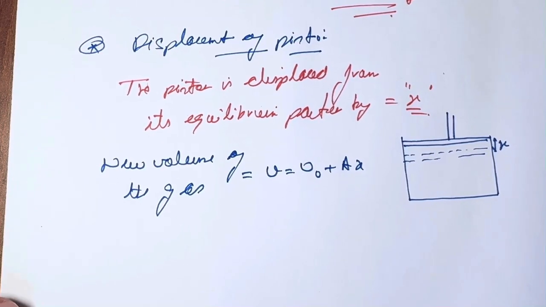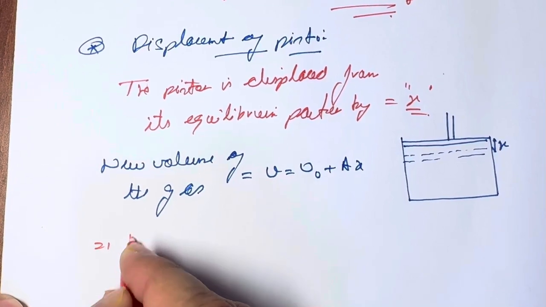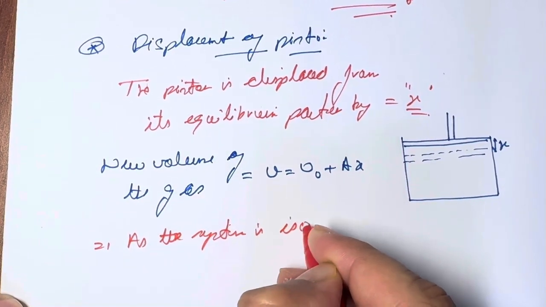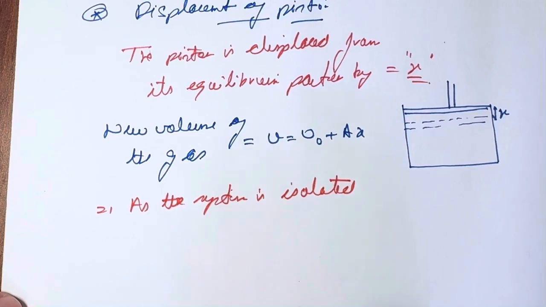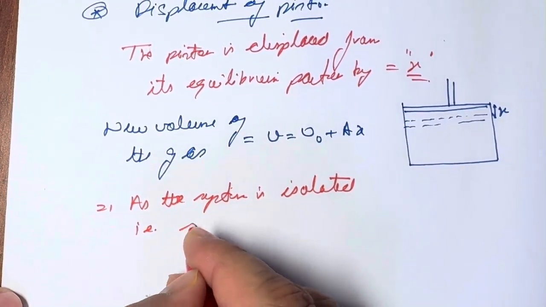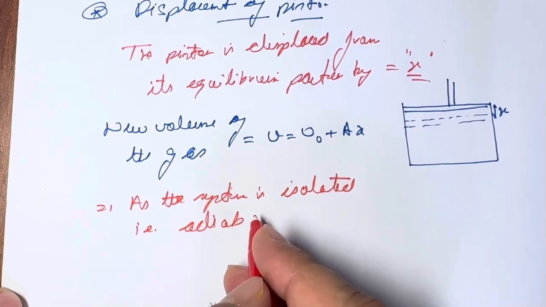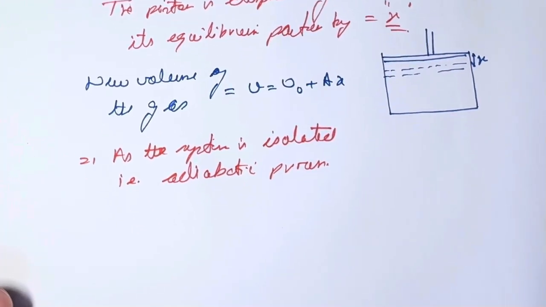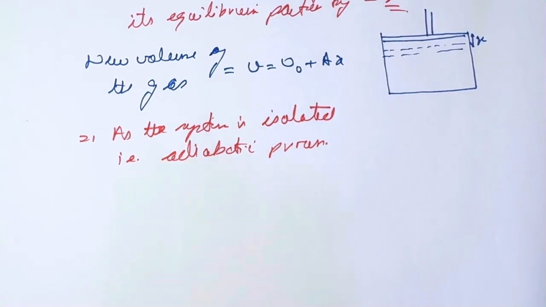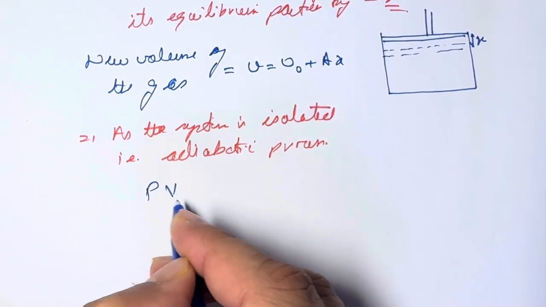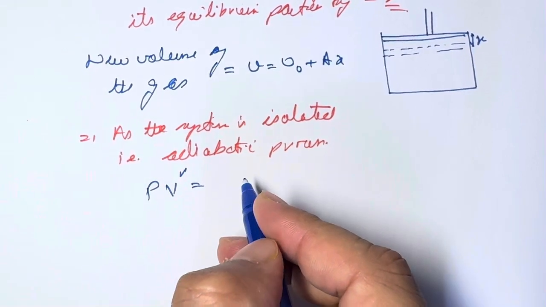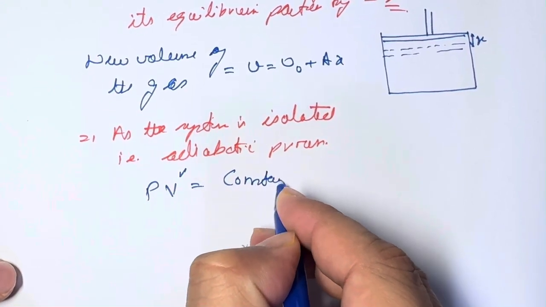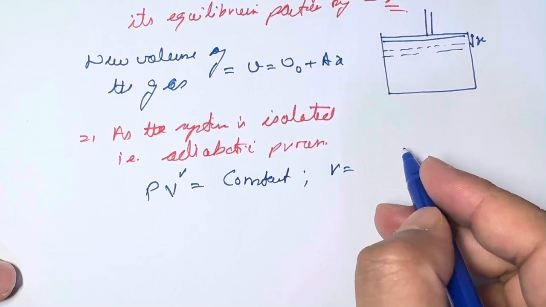So it means it is an adiabatic process. In this adiabatic process we know the product of pressure and volume raised to the power of the adiabatic index is constant, where this gamma is our adiabatic index.